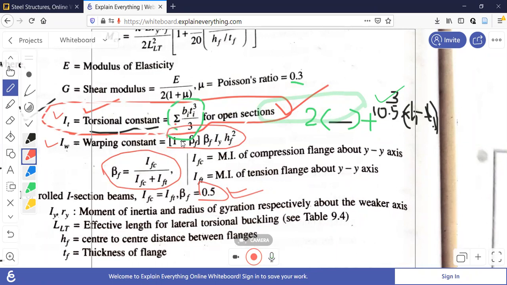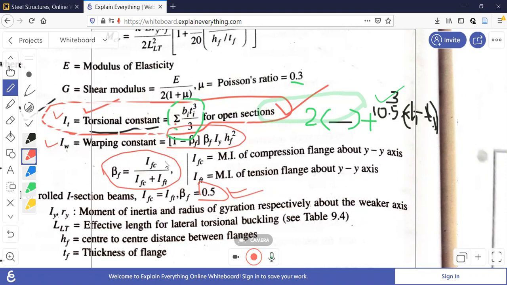Okay. So observe here. Torsional constant is summation of b t cube by 3 of three rectangles, where t, irrespective of the orientation, is thickness only. Iw, warping constant, is 1 minus beta f into beta f Iy hf square. This one I'll just show you the calculation only. Beta f is always 0.5 for an I section.